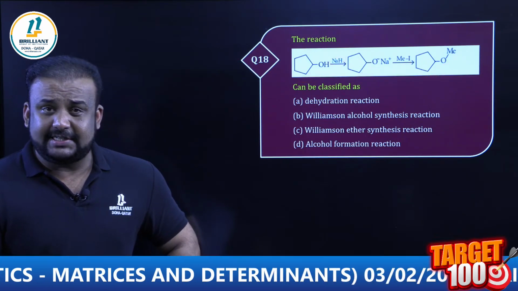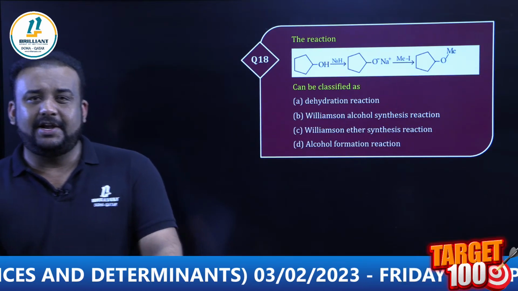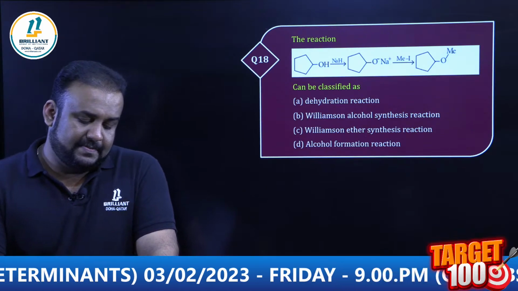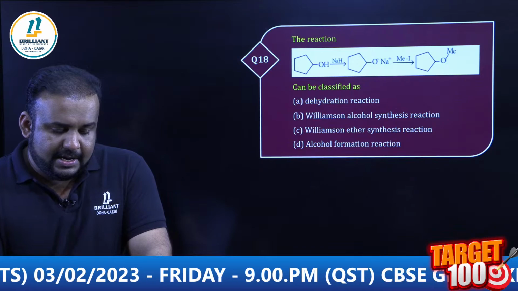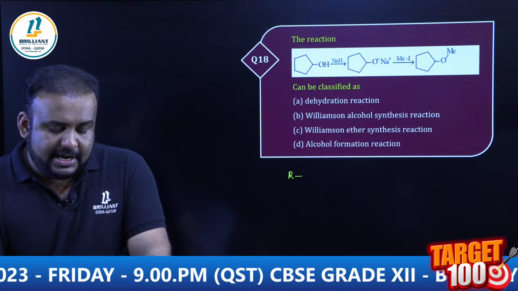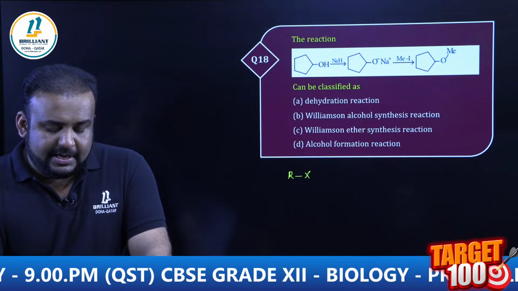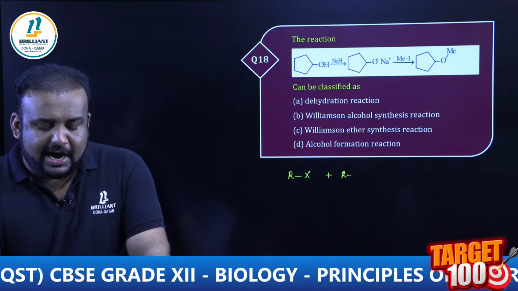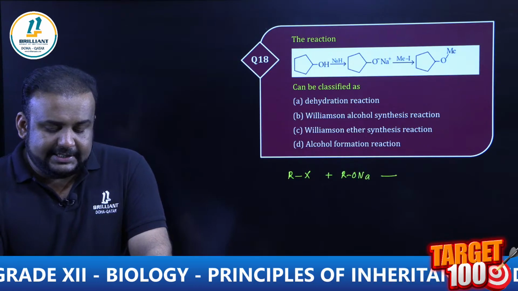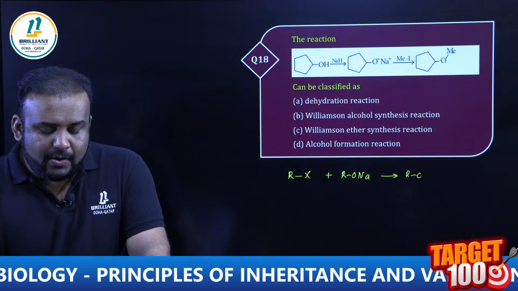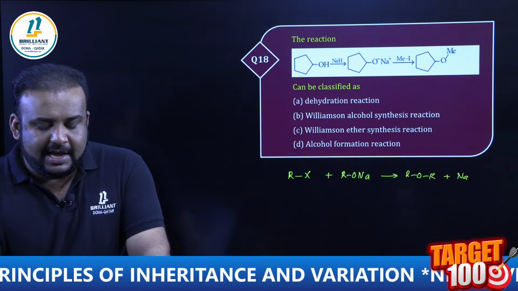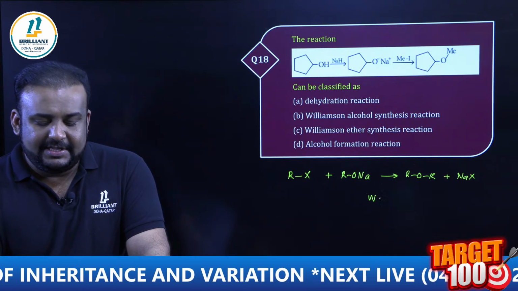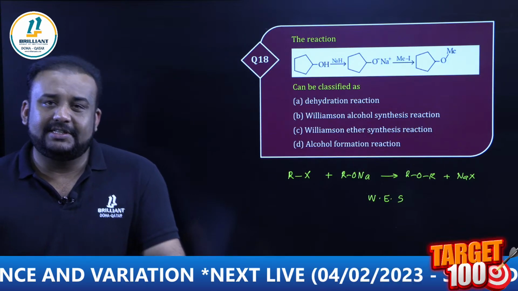Under which category do we put this reaction? Yes, RX, alkyl halide, plus RONa is going to give you ROR plus NaX. This is Williamson's ether synthesis.